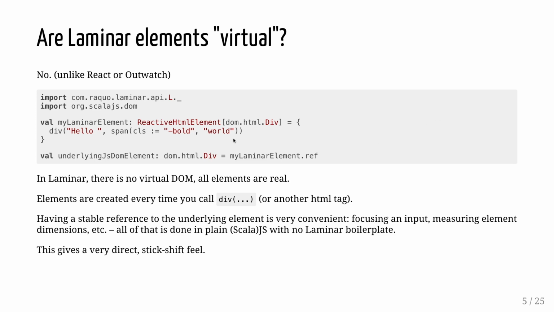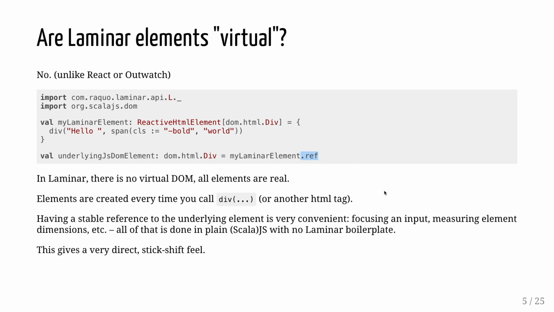This is very direct. You call div apply. This is going to create an underlying JavaScript DOM element, and it's going to be immediately available under .ref. And it's going to be the same instance, the same reference to that element for as long as you have this element in scope.